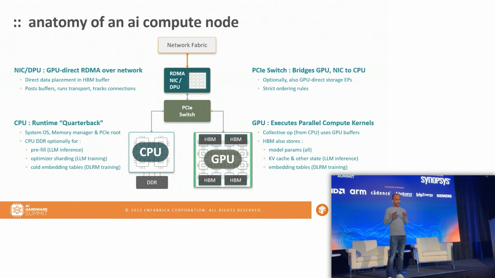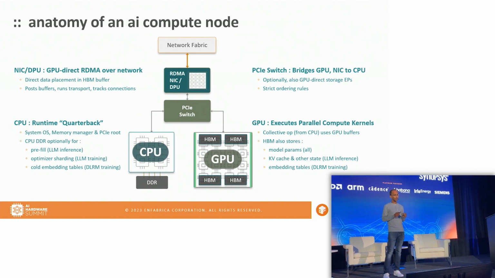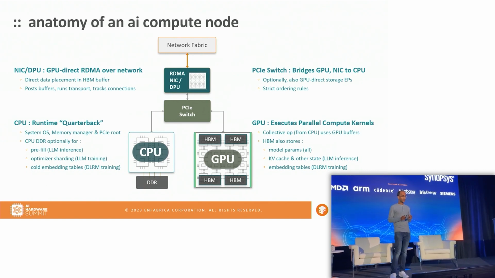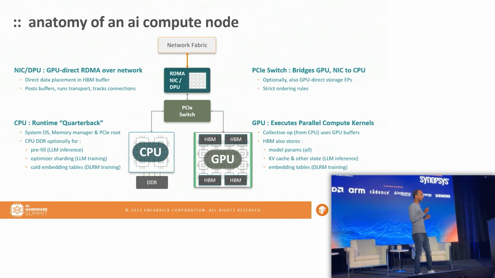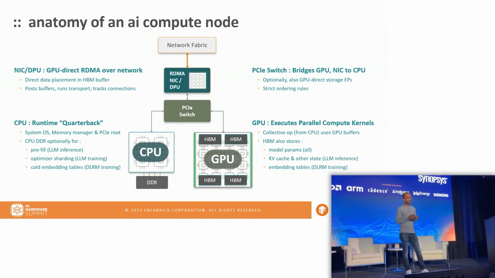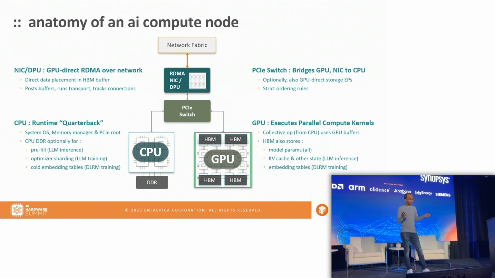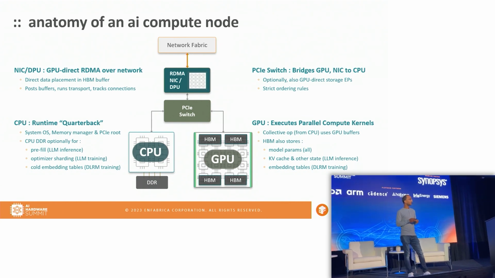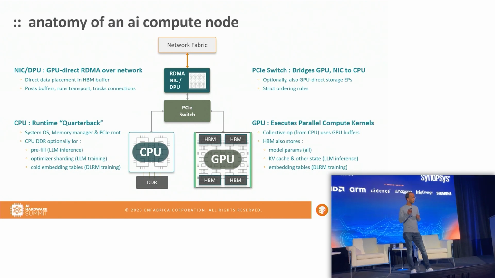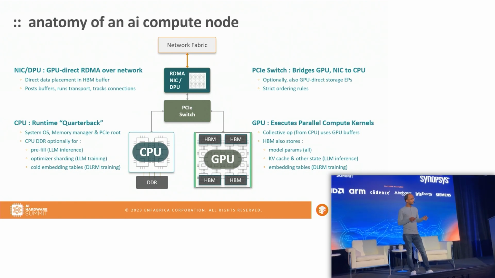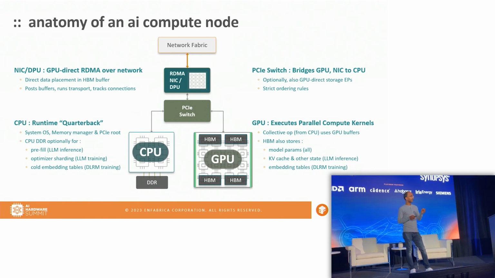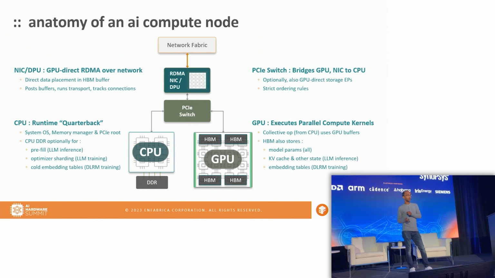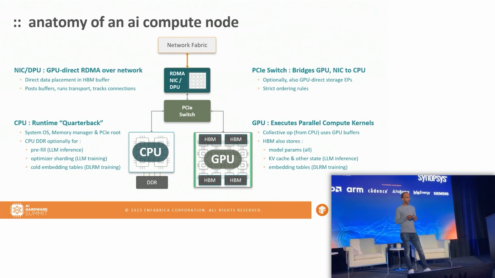The NIC and the PCIe switch are the important communication devices from the standpoint of the scale-out direction. So there's a network fabric at the top. The NIC or the DPU is effectively an RDMA transmit and receive device to the network. This NIC places data directly in the GPU's HBM through a mechanism called GPU Direct.